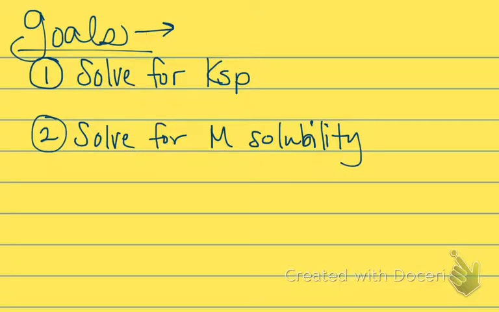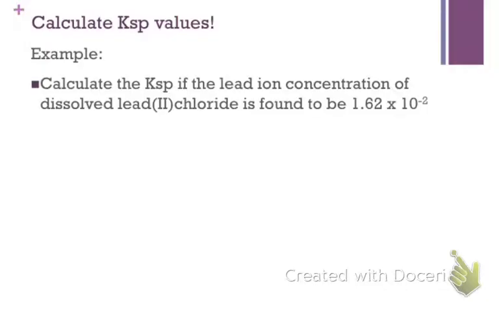All right, let's start. Let's take a look at this first example. We want to calculate the Ksp if the lead ion concentration of dissolved lead 2 chloride is found to be 1.62 times 10 to the negative second. So we have lead 2 chloride, and they've given you the lead ion concentration.